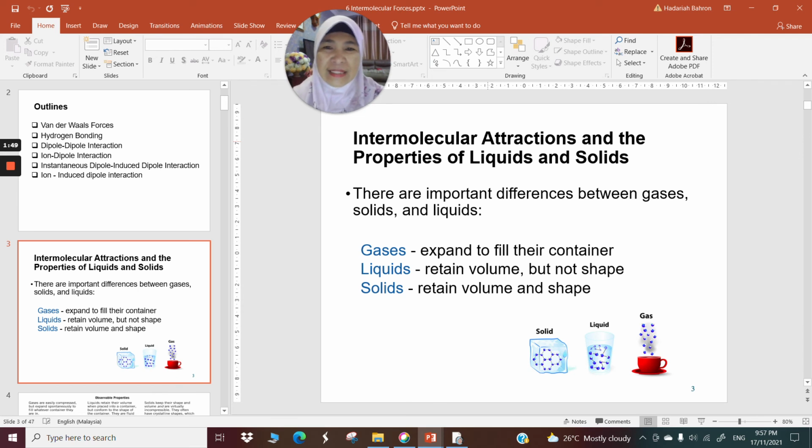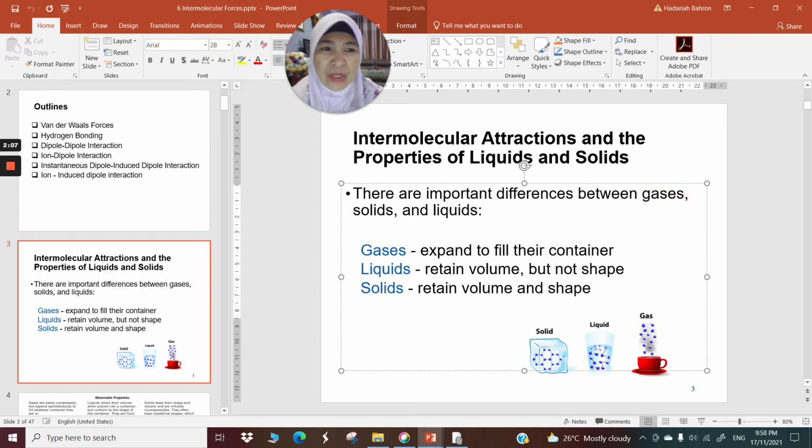To understand intermolecular interactions, you have to do a little recap on the properties of liquids and solids. Of course, there are 3 states in which matter exists: gaseous, liquid, or solid form. Ever since you were a young chemistry student, everybody understands that gases expand to fill their container. Wherever you put the gases, they will take up the shape of that container.